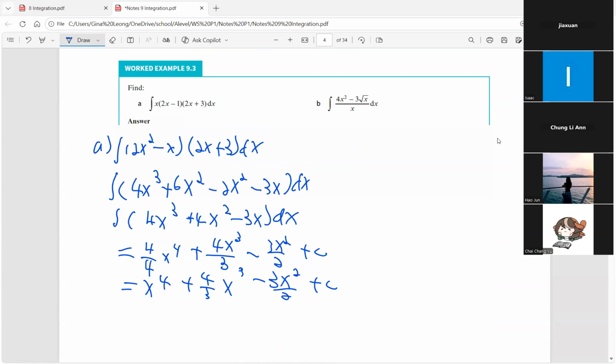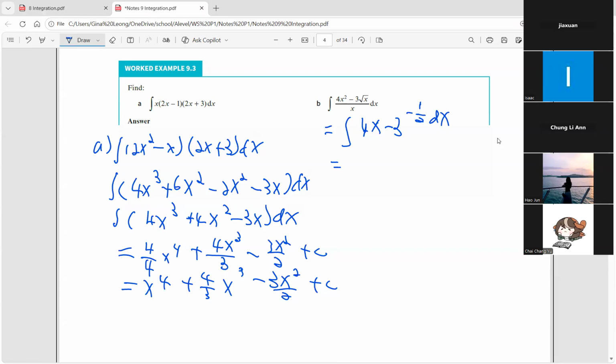Okay, for this one, it's the same case, we have to simplify, so that means the 2 has to be given to everybody. So give to everybody, that means this one becomes 4x, minus 3, this is half, half minus 1 is negative half, dx.